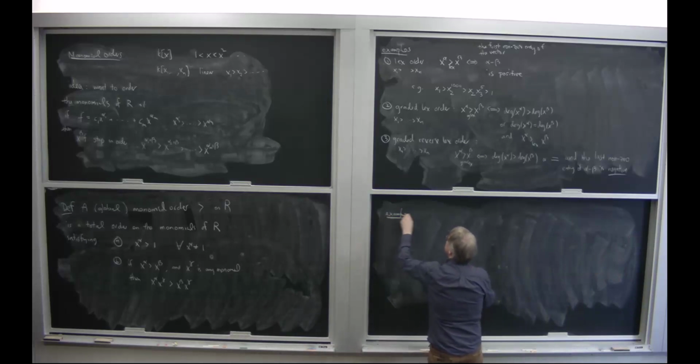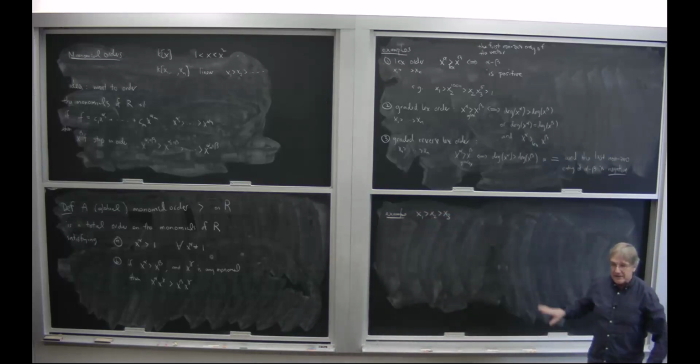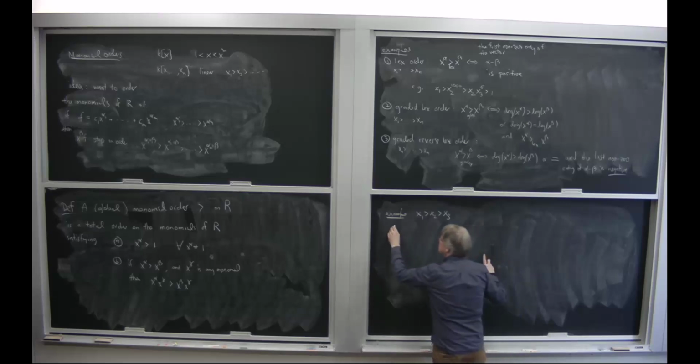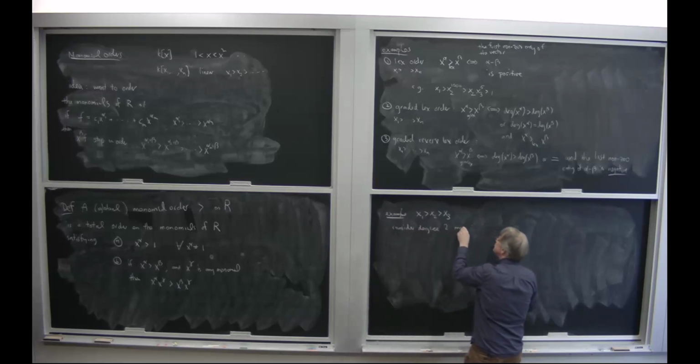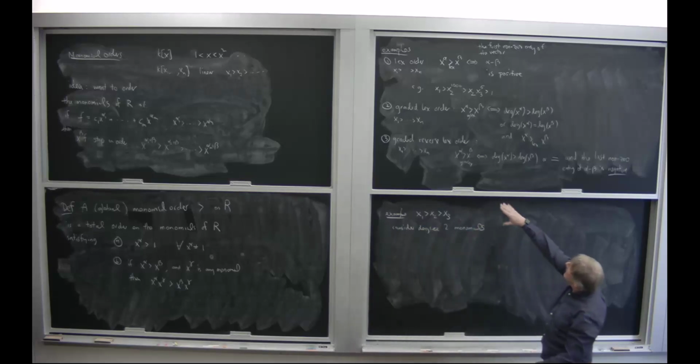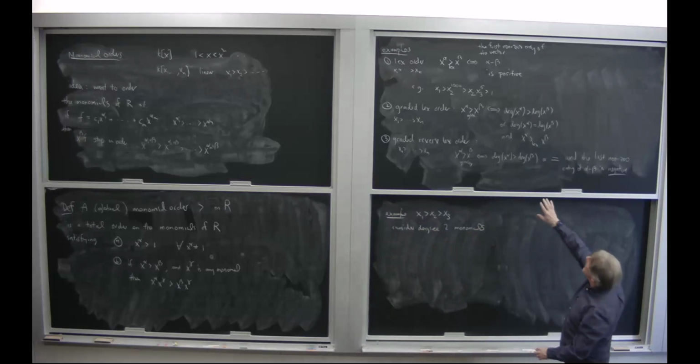Let's consider x1 greater than x2 greater than x3. What are the possible orders on this? Let's only consider degree 2 monomials. In this case, the graded won't be relevant because everything's going to have the same degree that we consider. And so lex and graded lex would be the same.